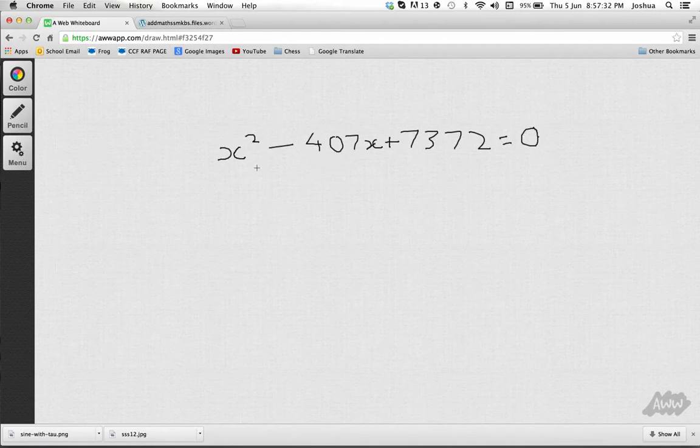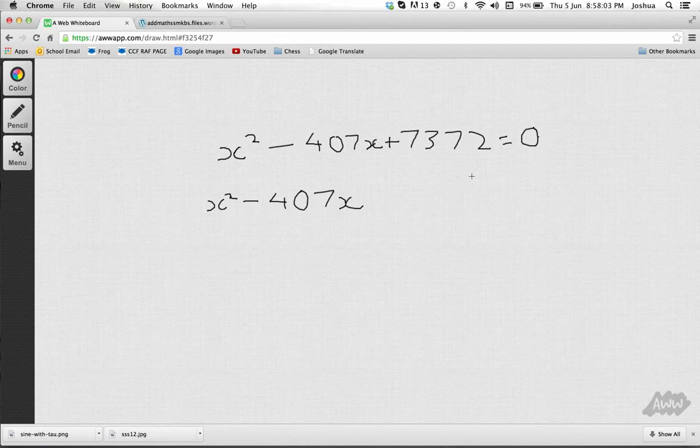Whenever we're completing the square, we must halve this number. You might be thinking, why have I chosen such a hard one? Well, this is a legendary number. So we halve it and then square it. So we're going to get x squared, obviously, minus 407x, but before we go any further, for factorization purposes, we must do this. You take 407, divide it by 2, and then square the answer.